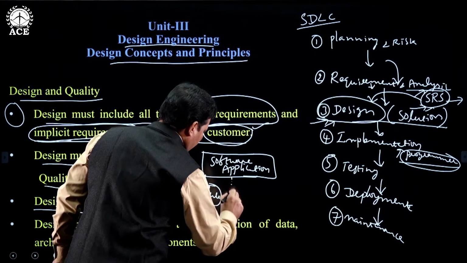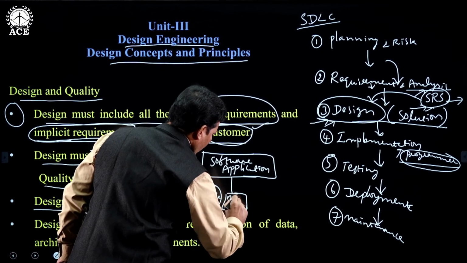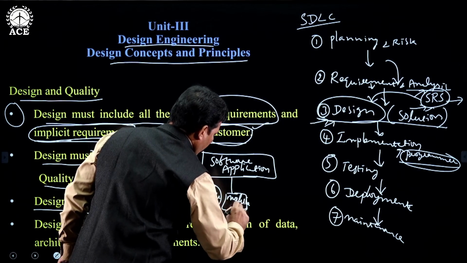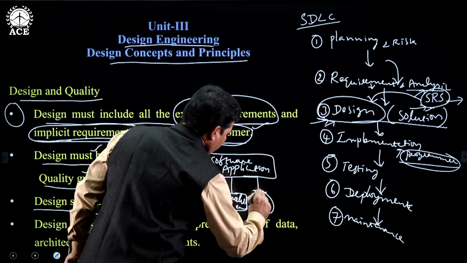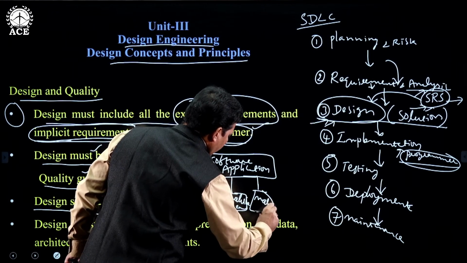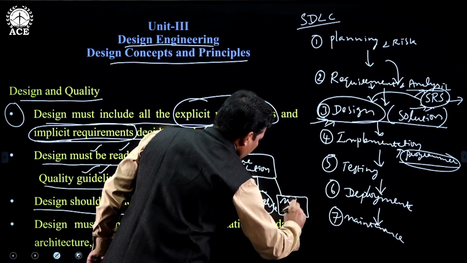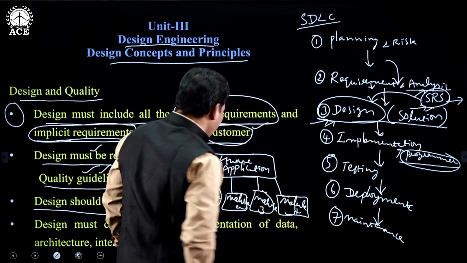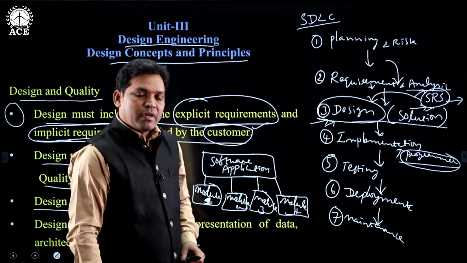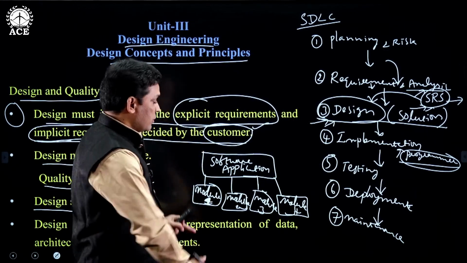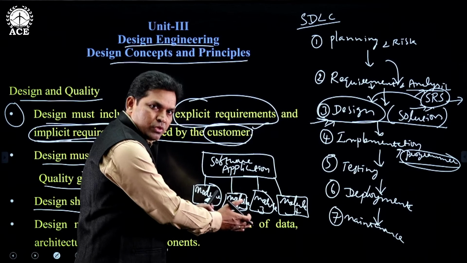And this is module 2, module 3, and this is module 4. Let's take a large complex software application that gets divided into 4 modules, right?